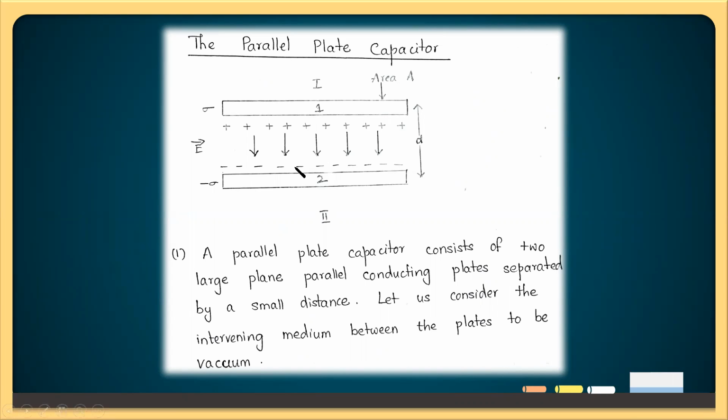There is a small distance d between the plates. Each plate has an area of A. Distance between the plates is small d, and each plate has an area of capital A. Let us assume the intervening medium between the plates to be vacuum.